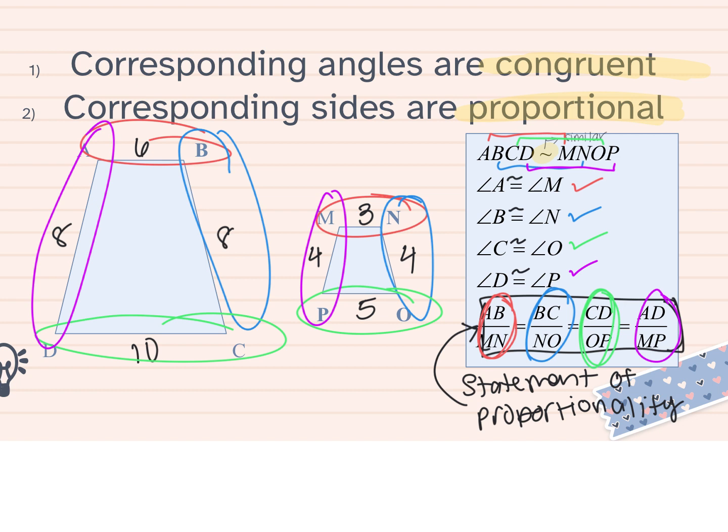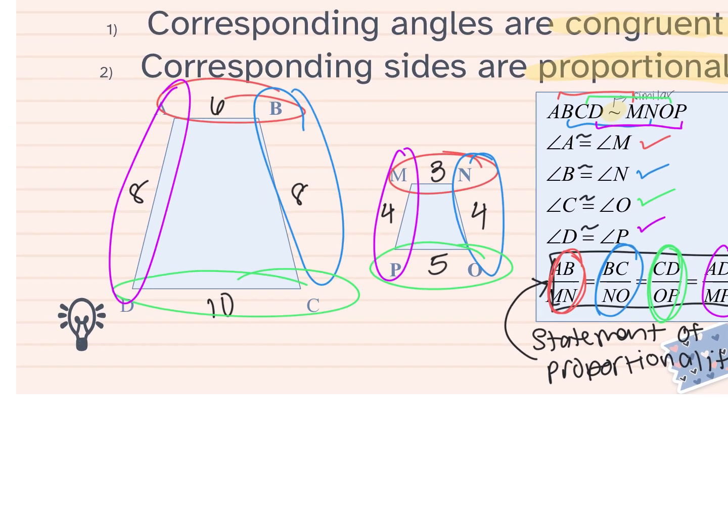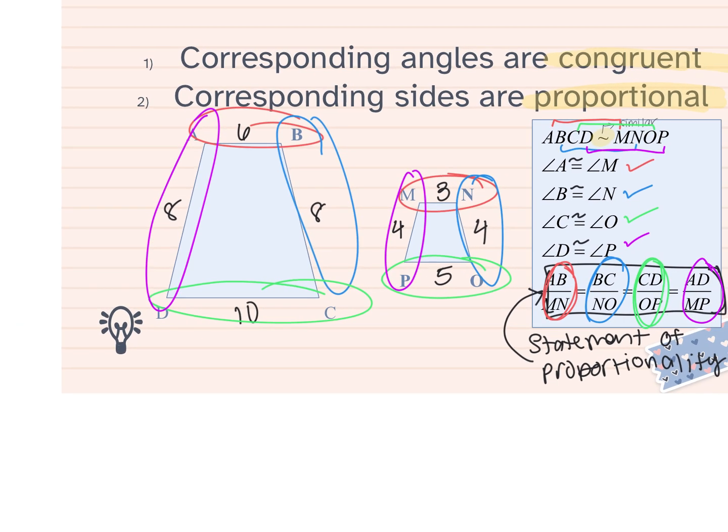How did we find our scale factor? You're using the statement of proportionality and plugging in what they're giving you. So looking at the first one, it's a lot of writing. You don't have to write all of them, but I'm hoping you at least write 2. I have AB over MN, and what's AB? 6 over 3, and that simplifies to 2 over 1.